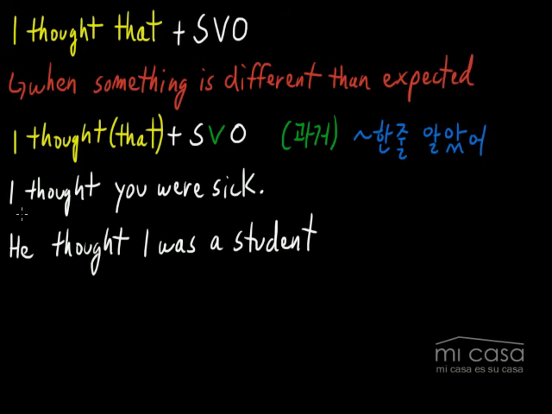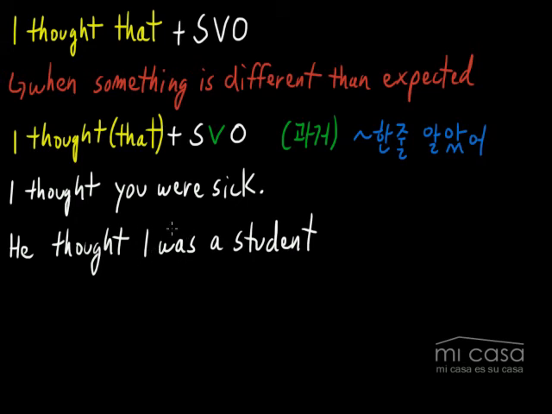You could say he, you could say she, you could say my mom, it doesn't matter. It could be any subject up here, but generally it tends to be I, so that's why I put that up here. I thought that plus subject, verb, object. But anyway, here it says he thought that I was a student. So again, he thought that, I'm omitting the that, I left it out again.